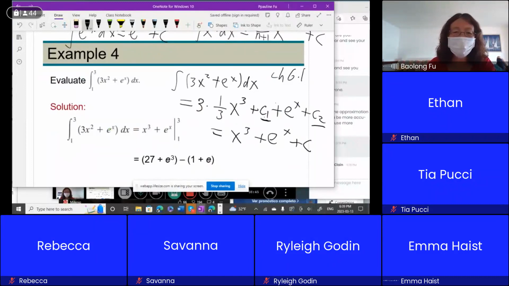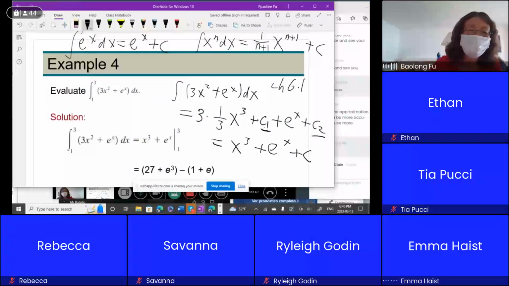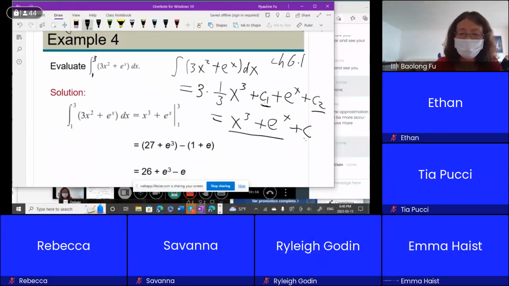And today's class is definite integral. We have this limit here, from 1 to 3. So usually we do not need this C. We just need this part. And then plug in x with 3 first.